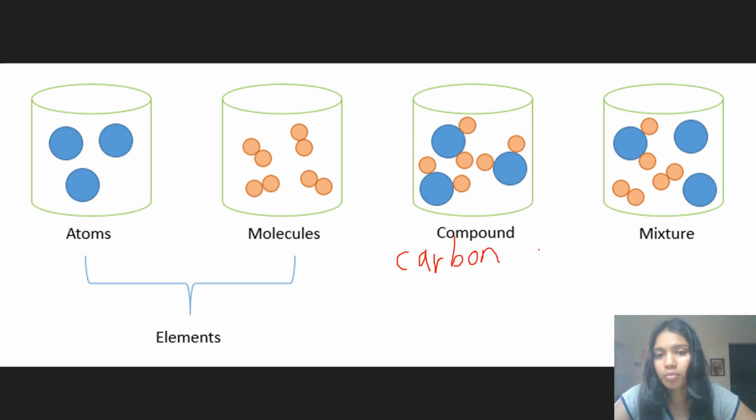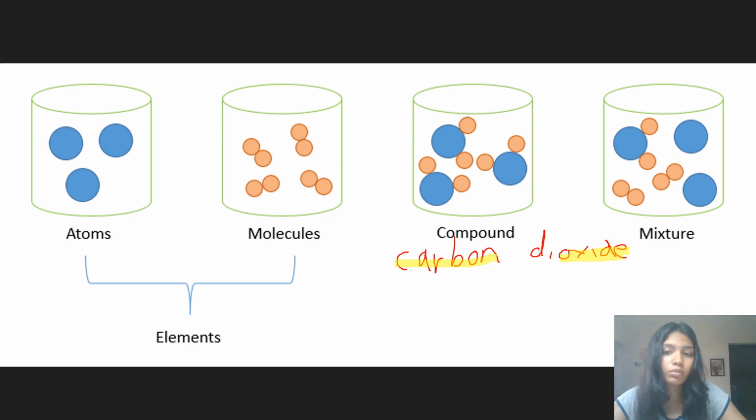We're going to look at carbon dioxide. The first clue is that there is carbon, over here. That's your first element, and your second element has to be oxygen because there's oxide. So we know that there is carbon and there is oxygen.